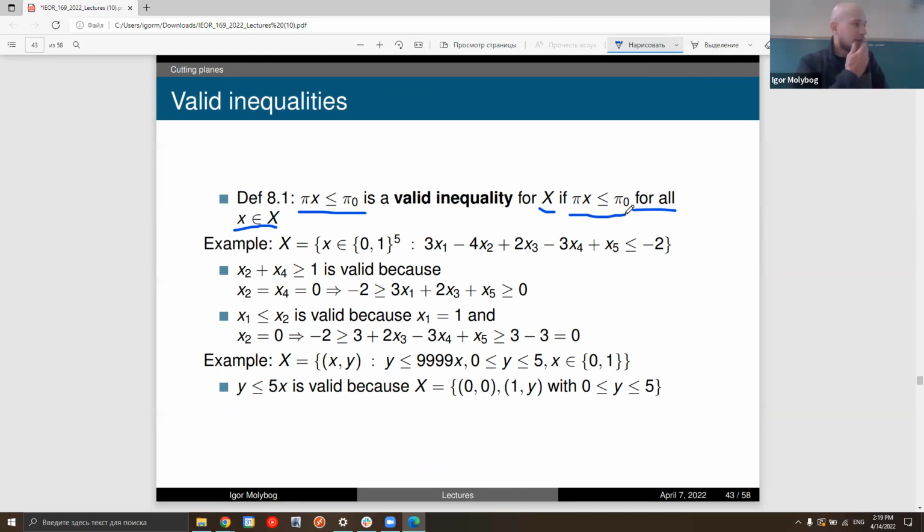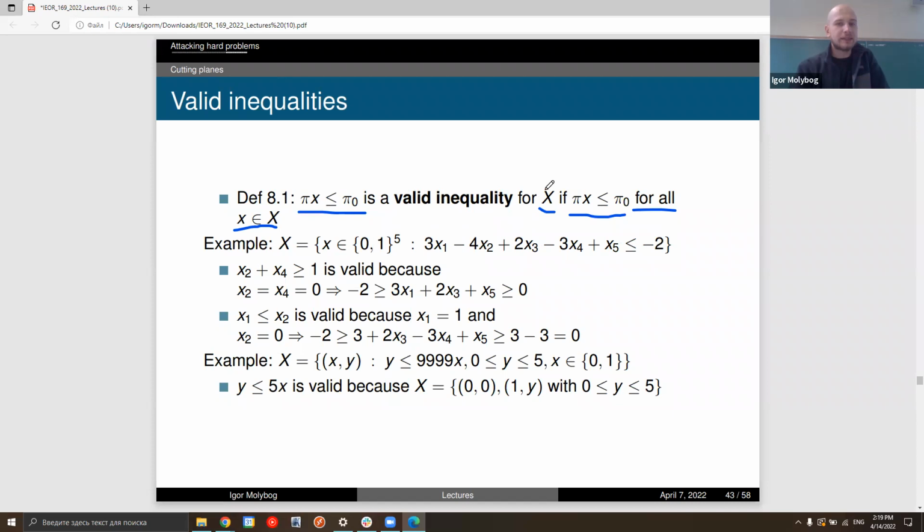So basically, if you are thinking about X as a discrete or semi-discrete set that is defined by the best formulation P, then any inequality that cuts off... Let's say that this is our discrete or semi-discrete set, and we have a convex hull of it, and we have our other formulation P, and the convex hull is, let's say, P star.